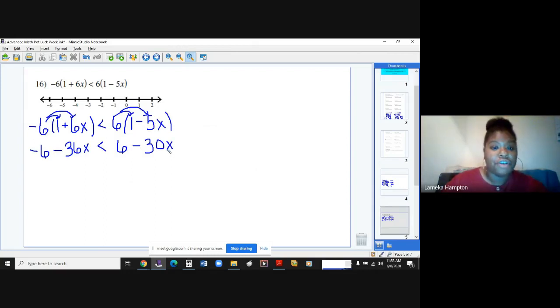Now remember, your goal is to have your variable on one side and your number or answer on the other side. Again, I'm a creature of habit. I was always taught to put my variables on the left. Again, you necessarily don't have to do that, okay? So I'm just going to add 30x to both sides, okay?